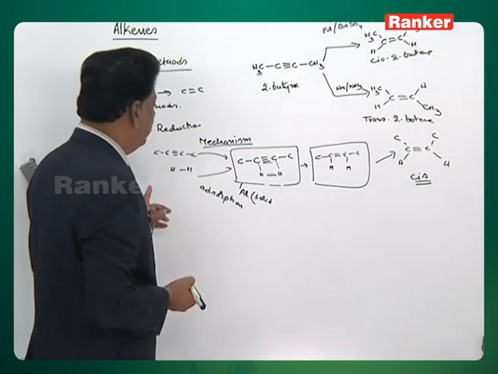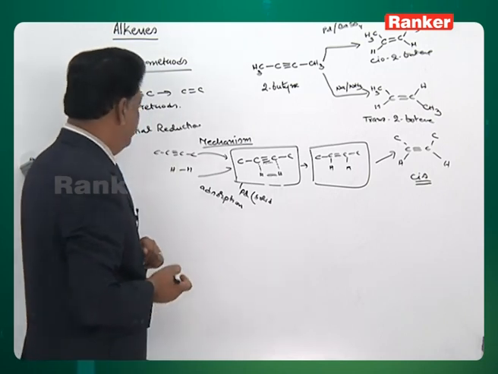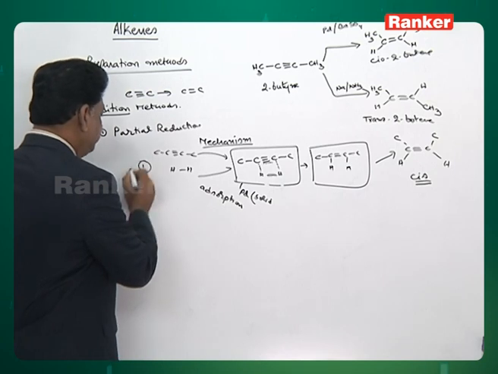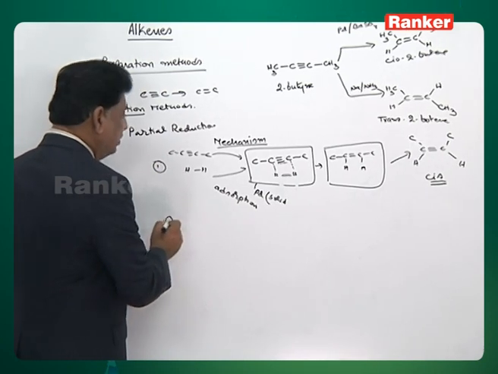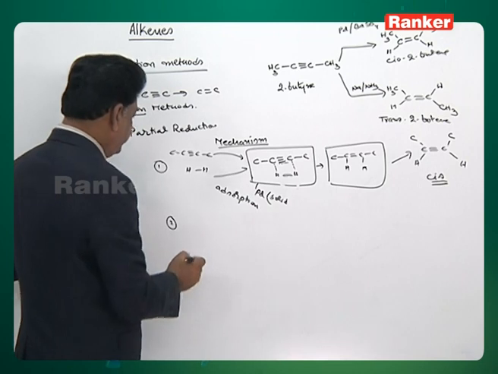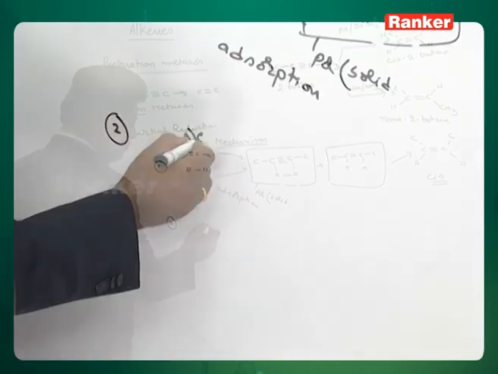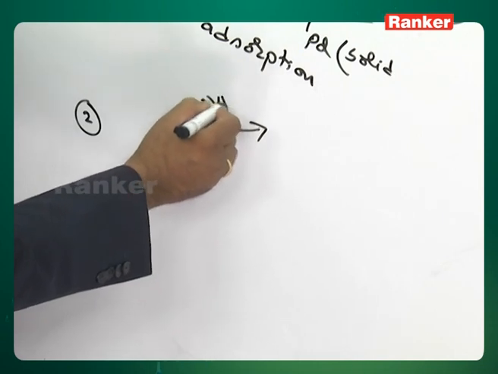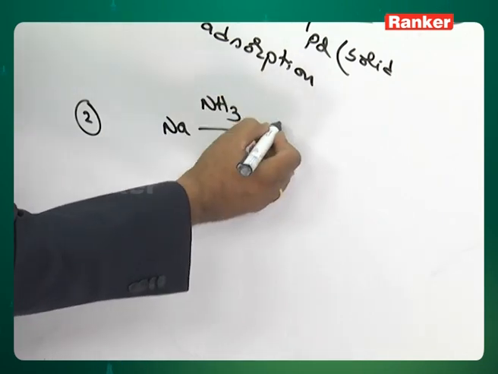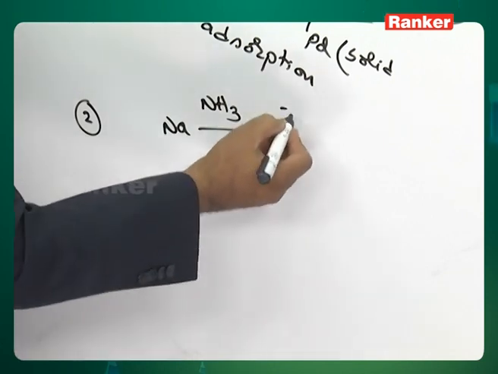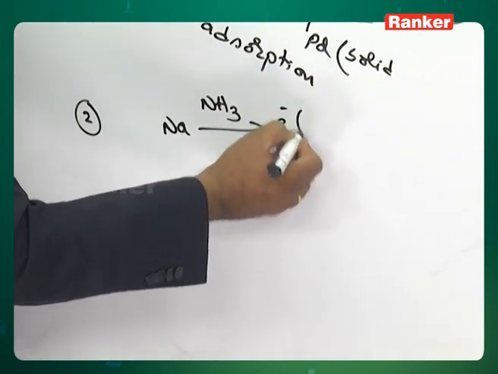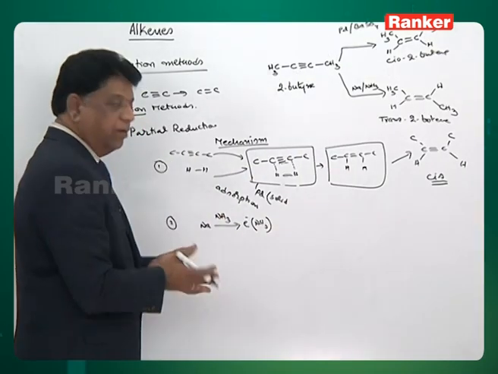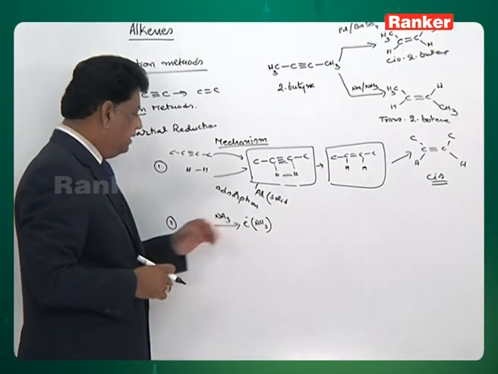Whereas the same compound, if it is treated with sodium and ammonia, this is the mechanism for the first method, right? Another mechanism for the second type. In this reaction, what is happening? First, when sodium reacts with ammonia, sodium loses one electron, and these electrons are surrounded by the liquid ammonia. A huge number of ammonia molecules will be encircling the electron.